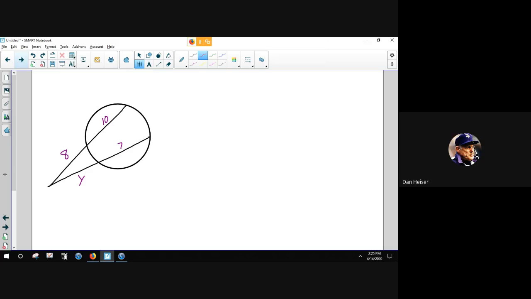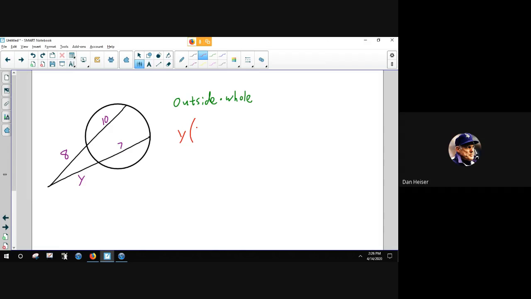Very similar to the last one, only this time notice that the variable is now outside. This one is going to require a little more algebra that you may have forgotten from Algebra 1. We'll do the same approach. Outside times whole.